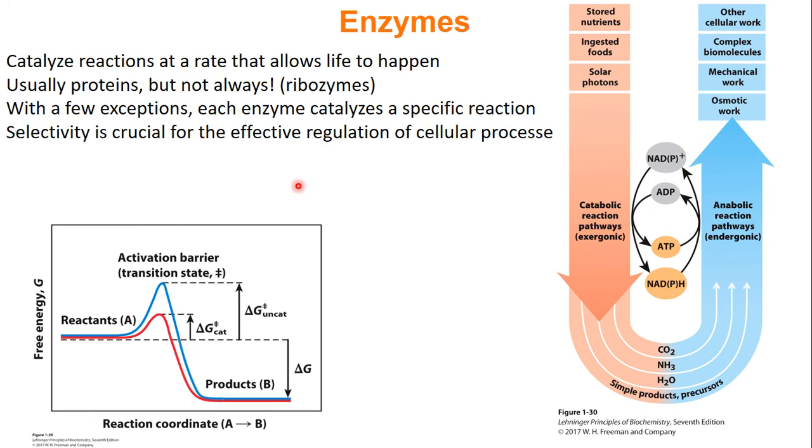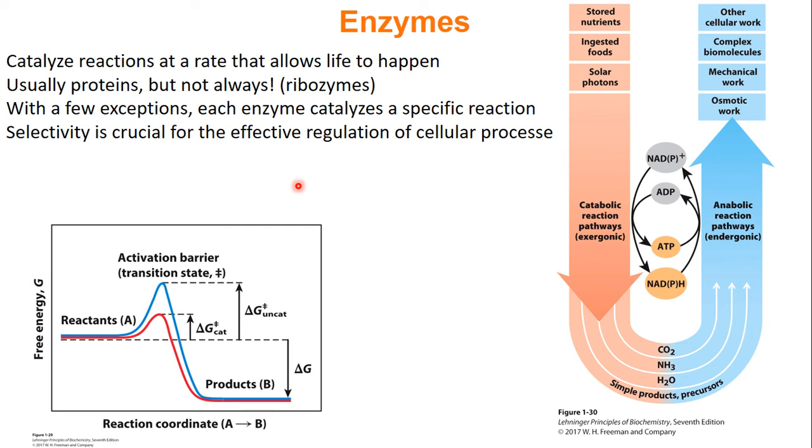And for the thermodynamics inside of a cell, normally chemistry happens so slow that life isn't really feasible. So to make life possible, we have things that can speed up chemical reactions. The general term for a substance that speeds up a chemical reaction is called a catalyst.